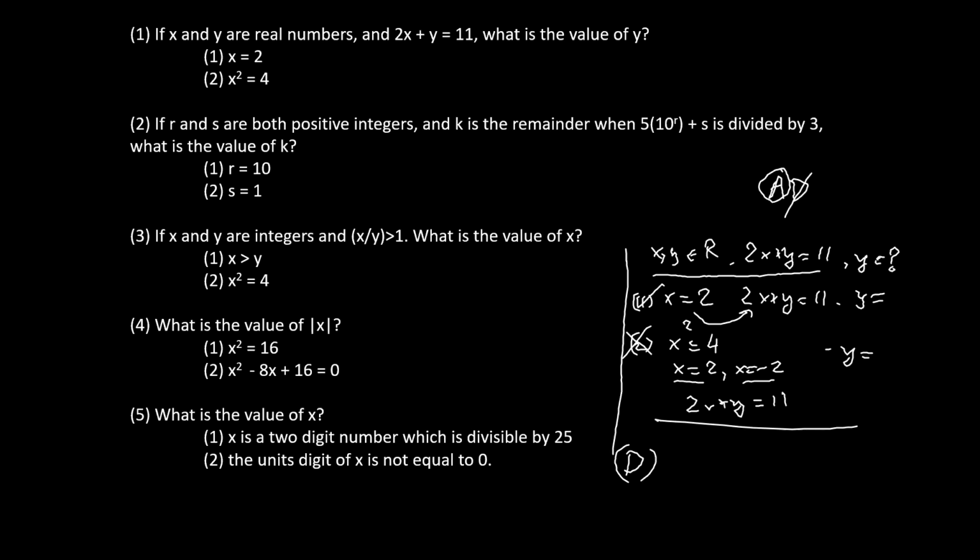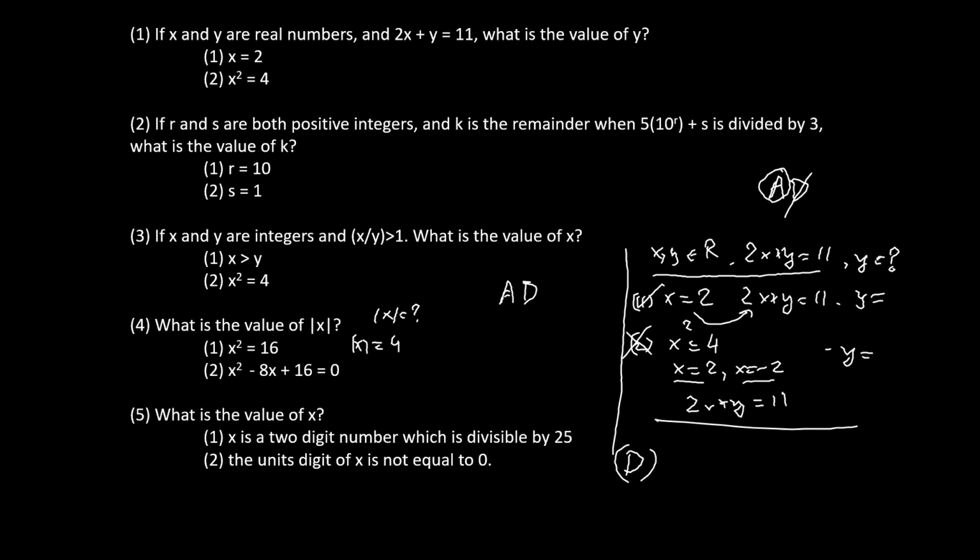So let's look at this question number 4. It says, what is the value of absolute x? The question is asking you the value of absolute x. Statement 1 says x squared is equal to 16. From here, you can say absolute of x is 4. So it is sufficient. It's either answer option A or answer option D. Now let's look at this one. It says x squared minus 8x plus 16 is equal to 0.